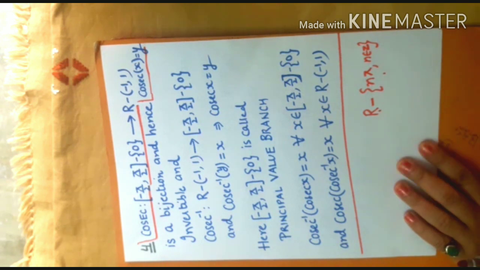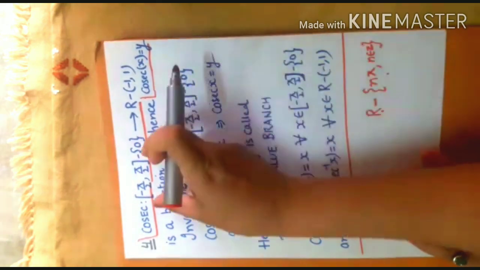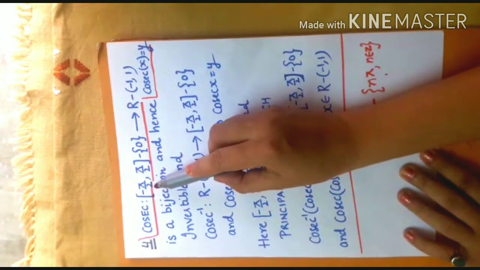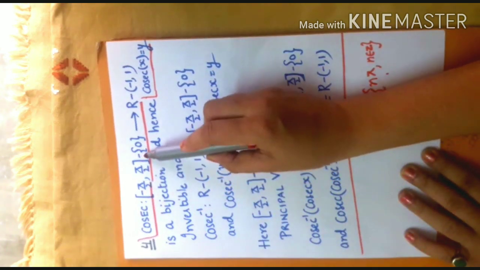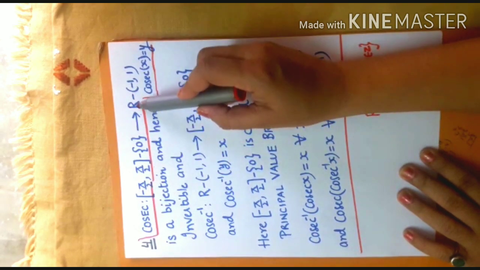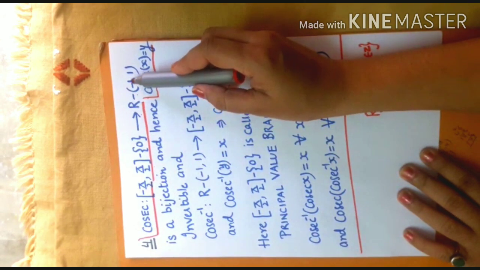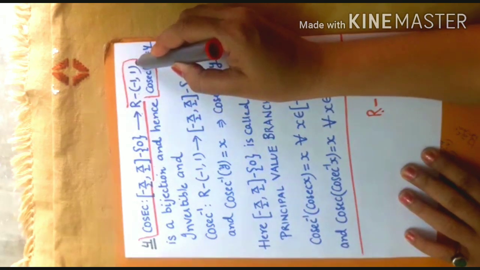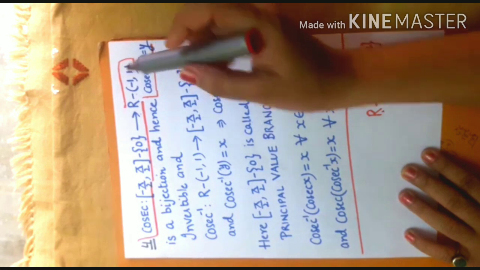So in order to make cosecant function invertible, I restrict the domain to the closed interval minus pi by 2 to pi by 2 excluding 0, to R minus the open interval minus 1 comma 1. This is the range of the cosecant function.